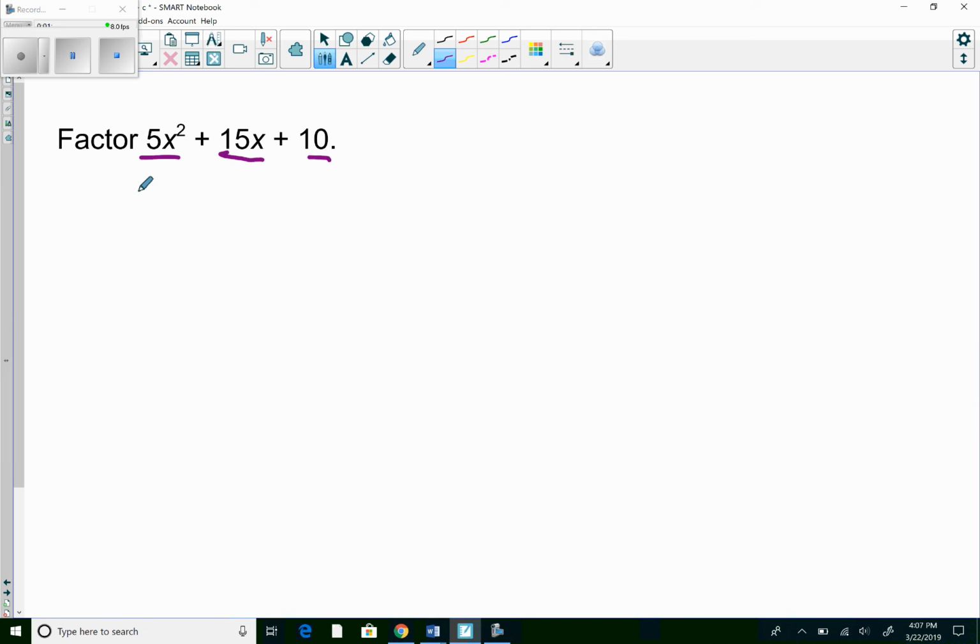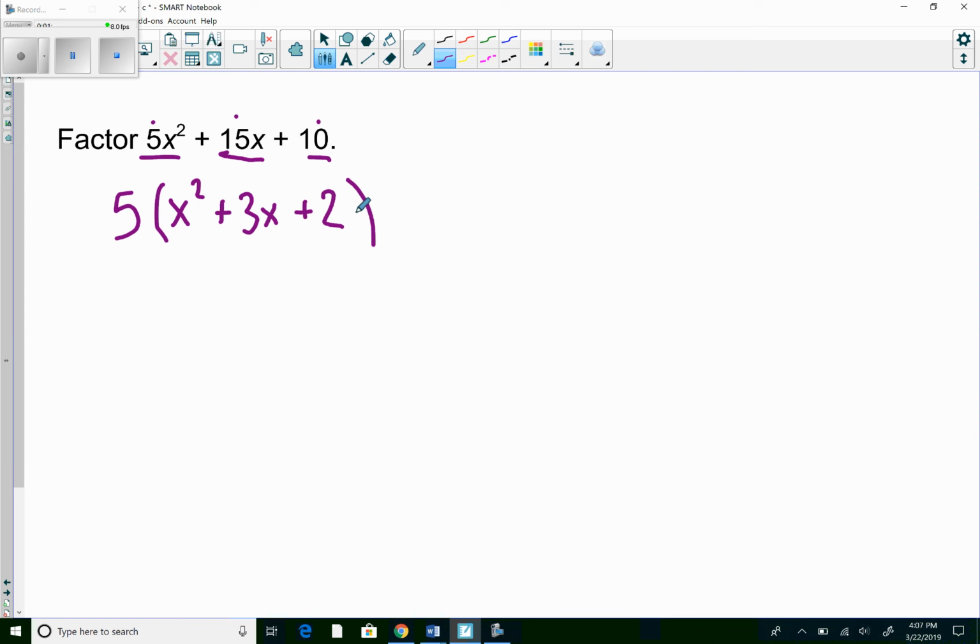You should, at this point in your mathematical careers, be able to say, oh yeah, there's a 5 inside of all three of these terms. So what you need to do at this point is say, okay, that's going to turn into x squared. This is going to turn into 3x. And then this is going to turn into 2.